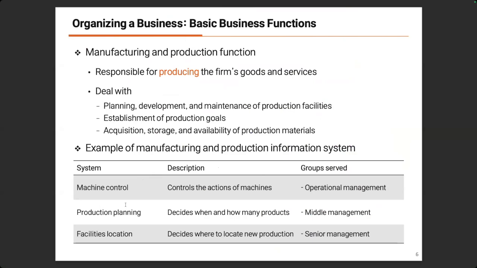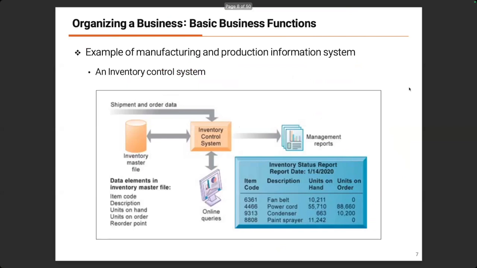So where to locate new production facilities is one of the kinds of long-term business strategy plans. So this is an example of manufacturing and production information systems.